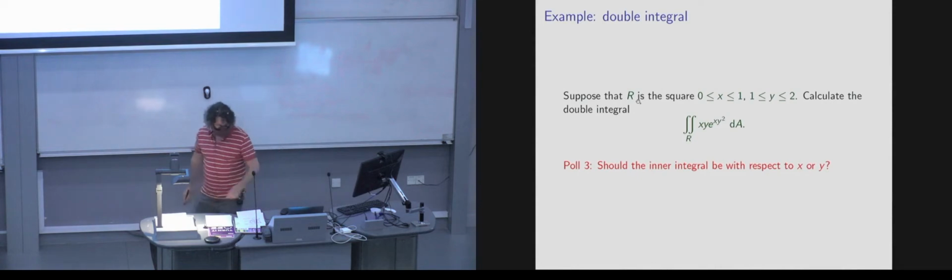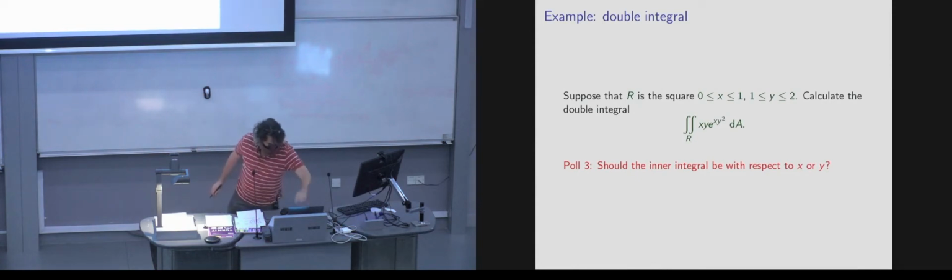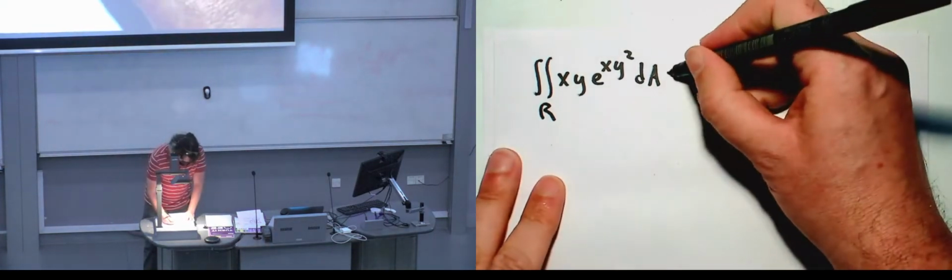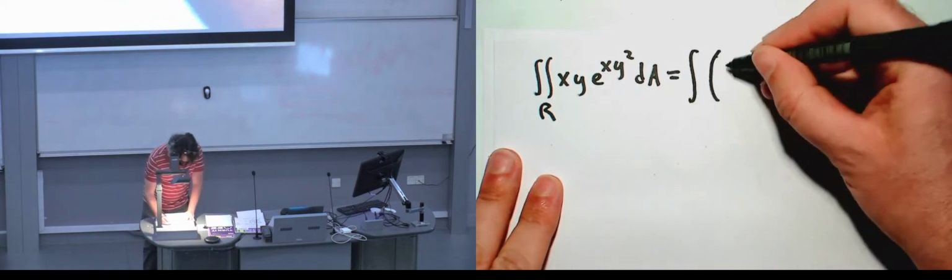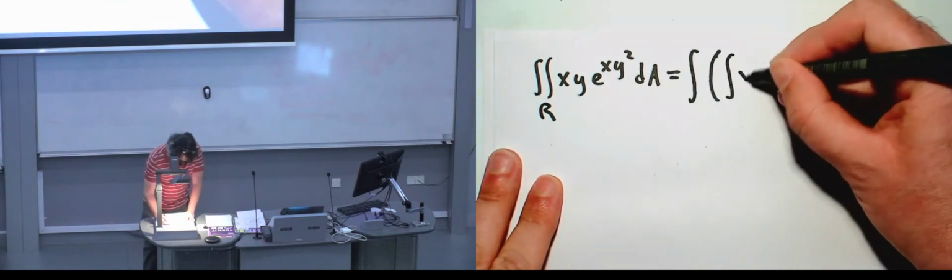I wrote down the double integral that we're trying to do here. And in order to see why it won't work to do x first, let's try to do x first and see what happens. So we'll write the iterated integral here.